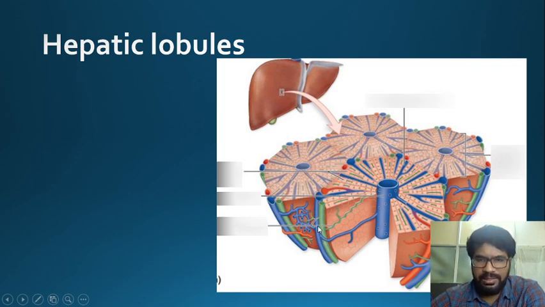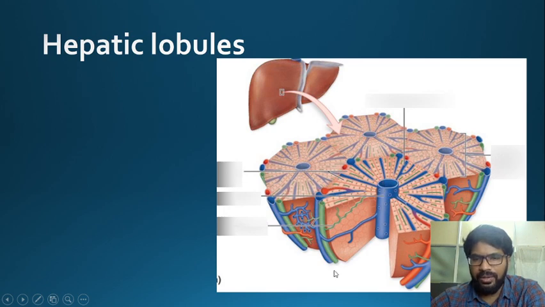This is known as the portal triad, which consists of the green structure, the bile duct, the portal vein, and the hepatic artery. A branch of the hepatic artery, a branch of the portal vein, and a bile duct together form the portal triad. The vein in the center is known as the central vein.